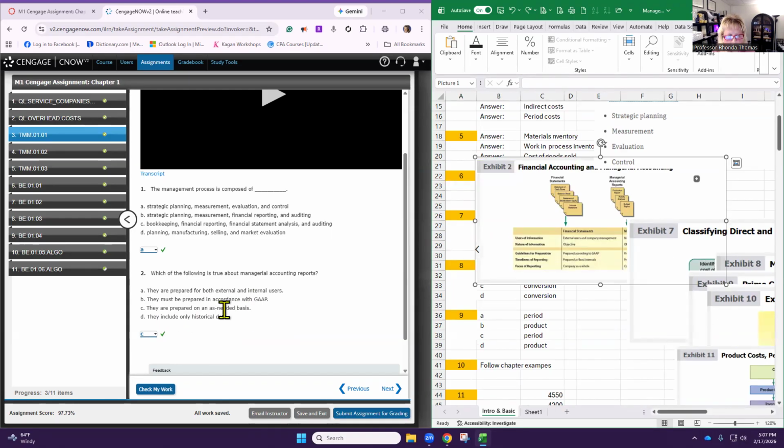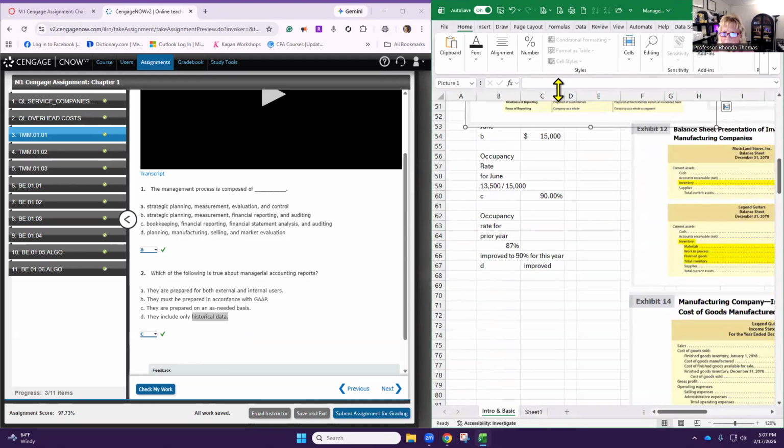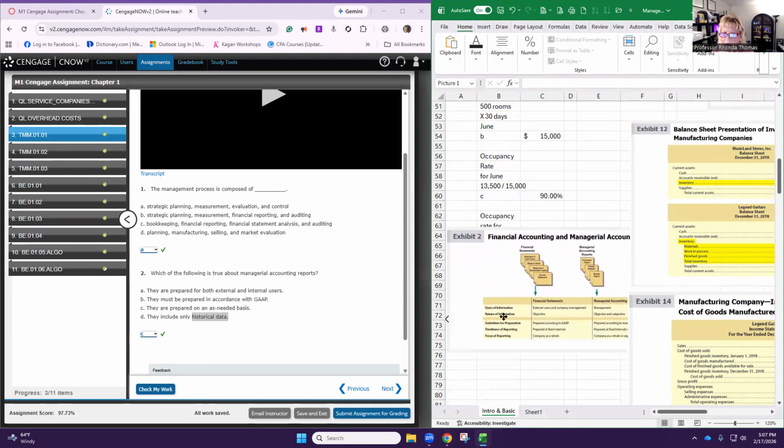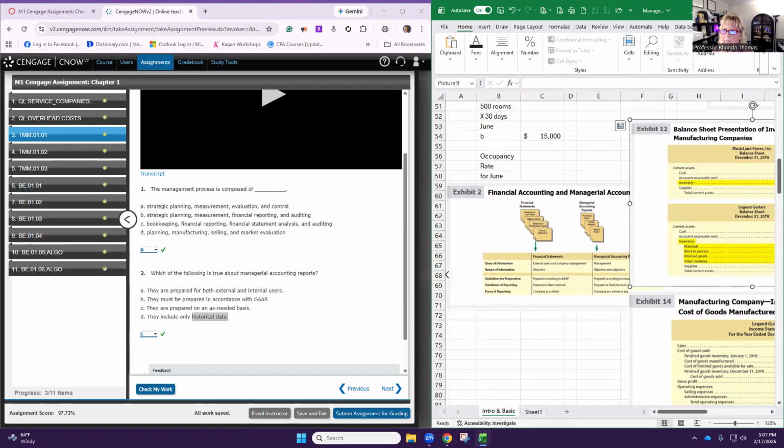Yes, they are prepared on an as-needed basis, and they're often looking into the future. So financial accounting tends to be historical, according to GAAP, and external users. So there's some differences here, but this is a nice table that tells you what the differences are in the book.